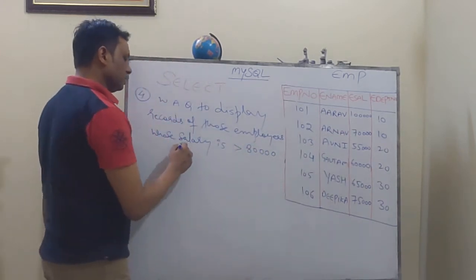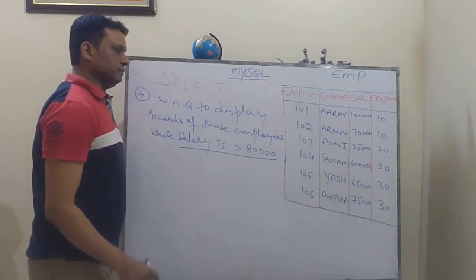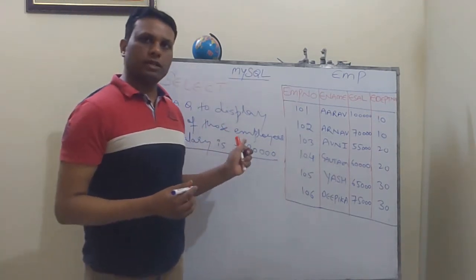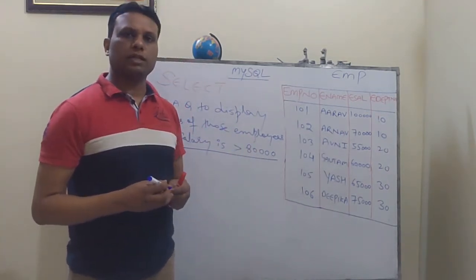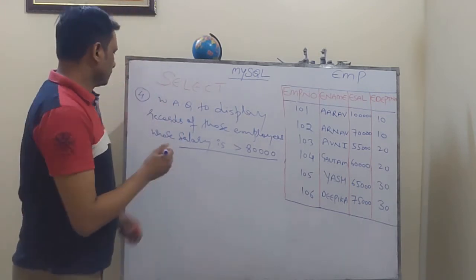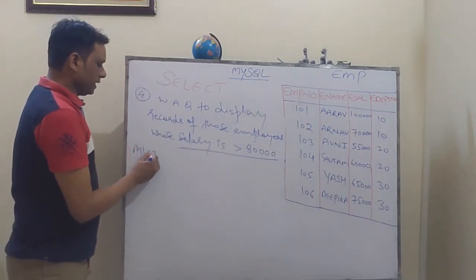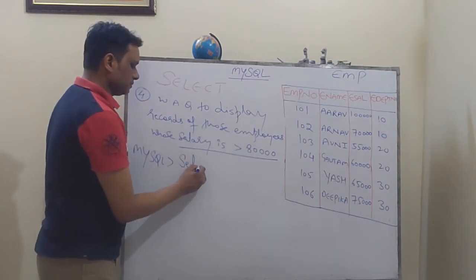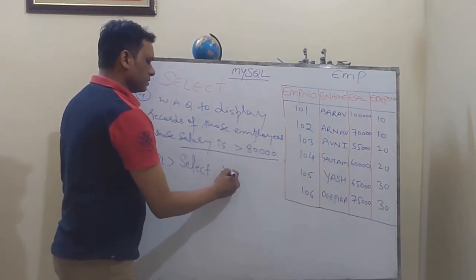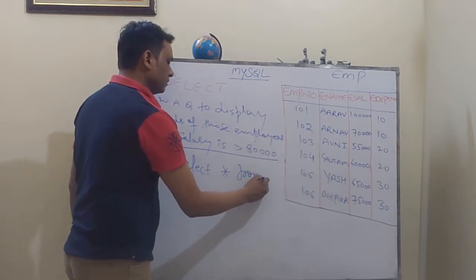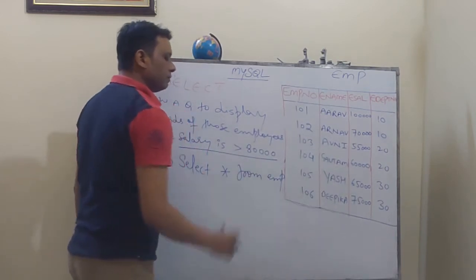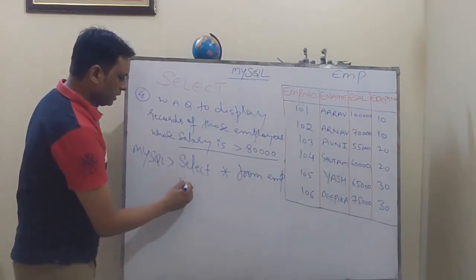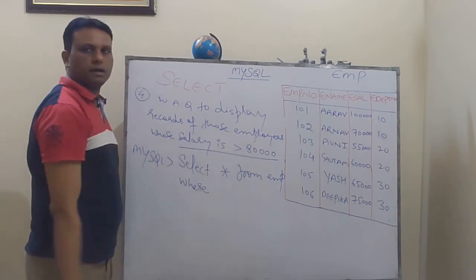Now there is a condition in this. Records of only those employees whose salary is more than 80,000. So let us see how to write it. Select star from EMP. Then for the condition, use where.